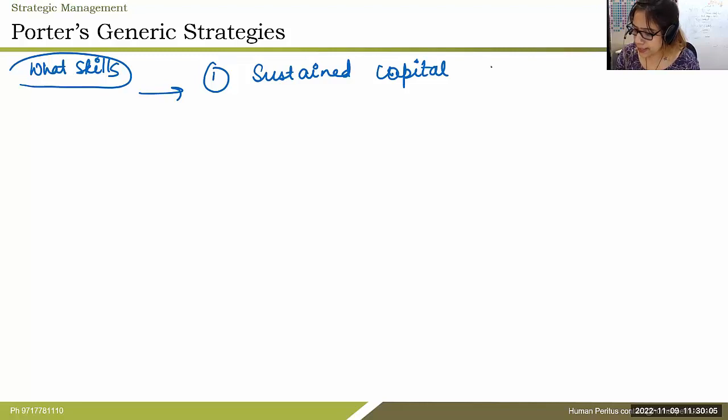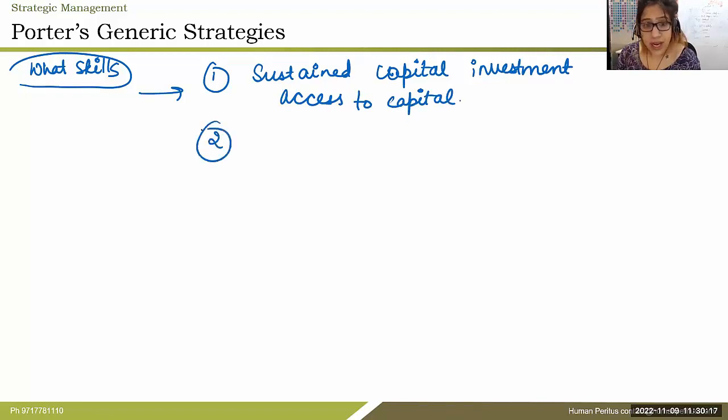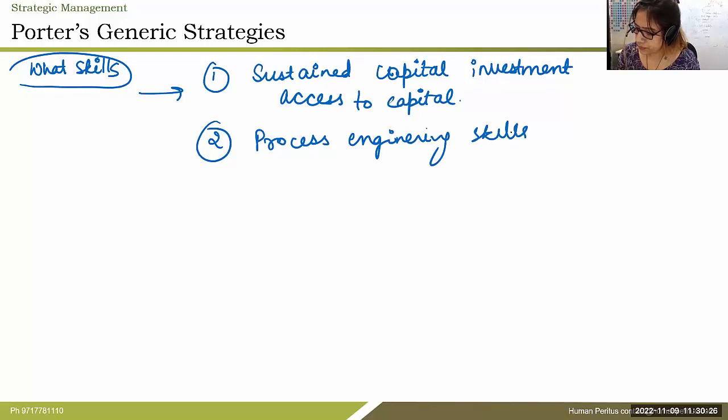So there should be a sustained capital investment, which means access to capital. Value chain activities, which means you should have process engineering skills. You should have an intense supervision of labor.